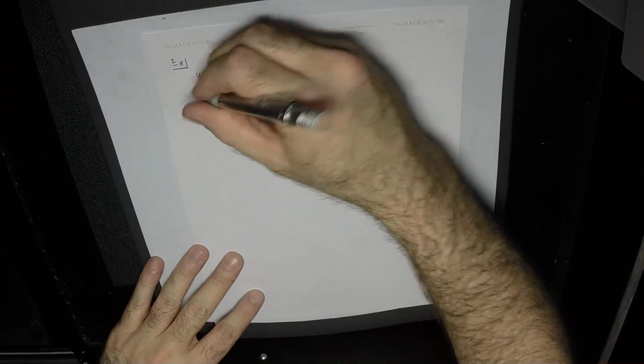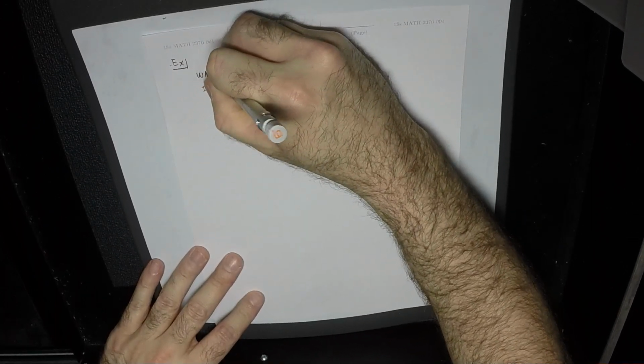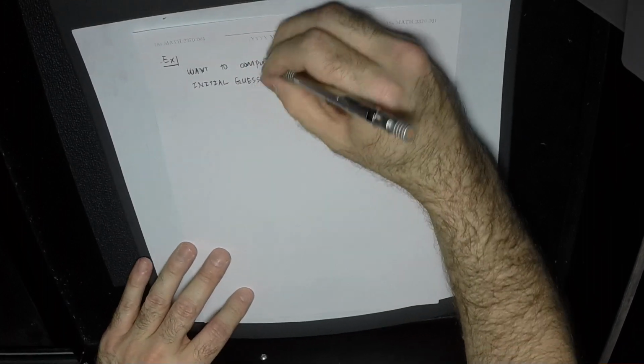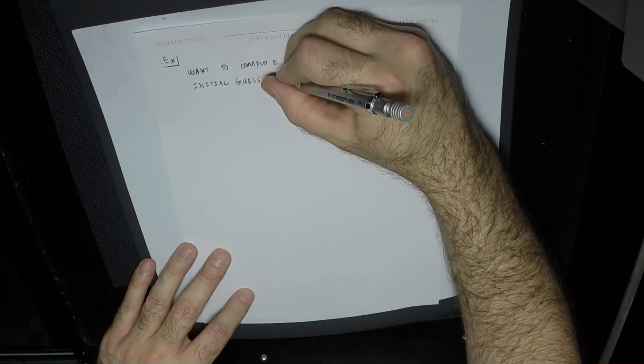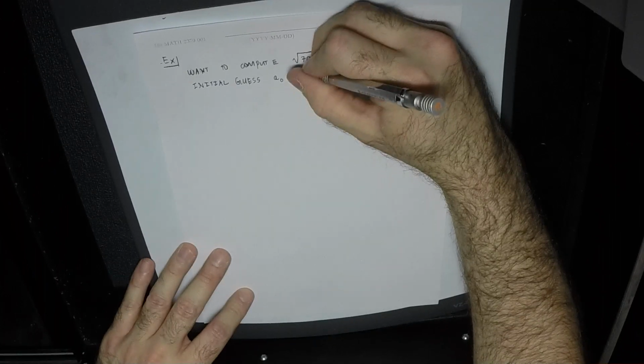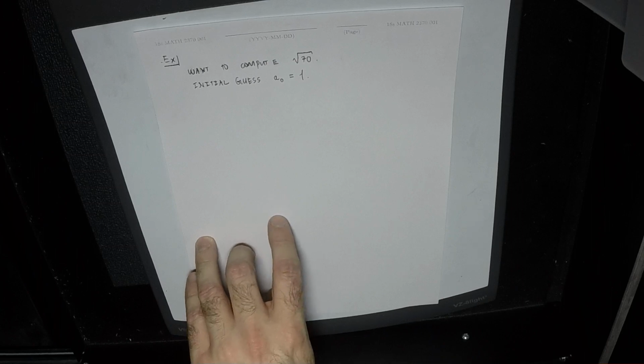Then I'm going to ask if someone can tell us a better way we could do it. Okay, so I'm going to say that my initial guess is A0 is equal to 1. Maybe it's 1. So we know that in actual fact 1 is too small.